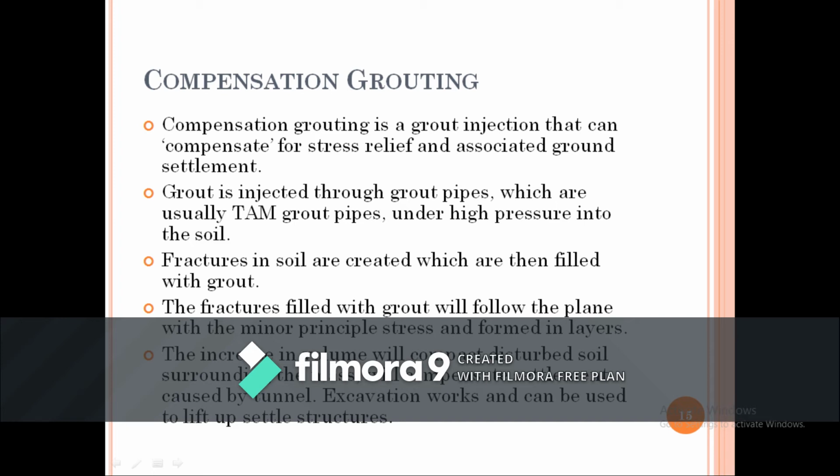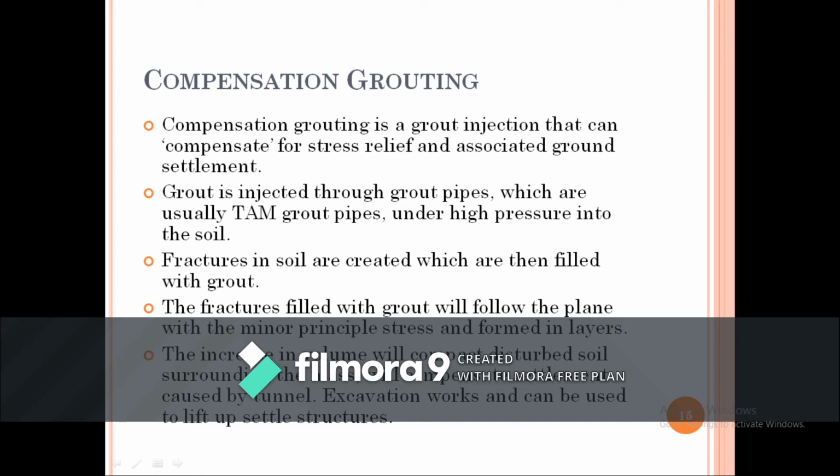So here there are two conditions. What are we doing? We are first sending a pipe, and through the pipe we are sending the grout. In order to send the pipe, you need to create a bore. When the bore is created, naturally there is settlement or densification. After that you are sending the grout mass. When you send this grout mass, settlement of the surrounding soil takes place, densification takes place, compaction takes place.